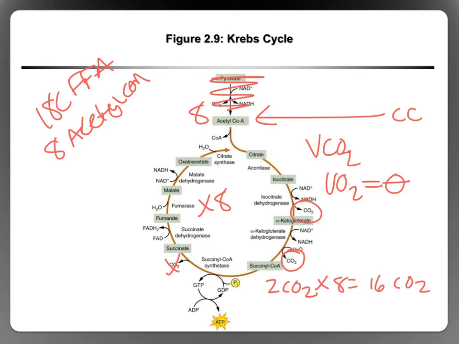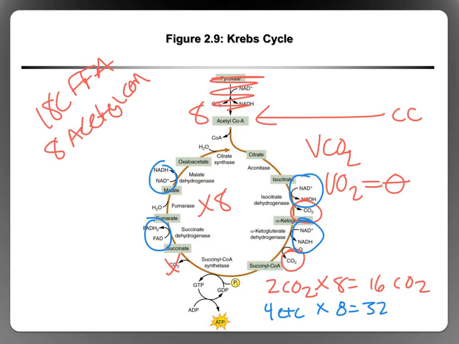As far as electron transport chain, we send 1, 2, 3, 4 pairs per Krebs cycle. Okay. But we go through Krebs cycle 8 times.